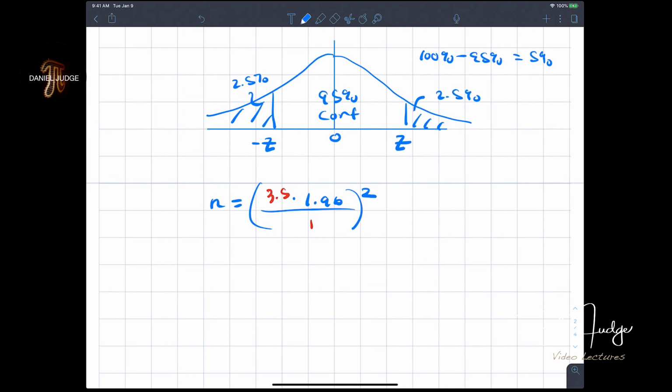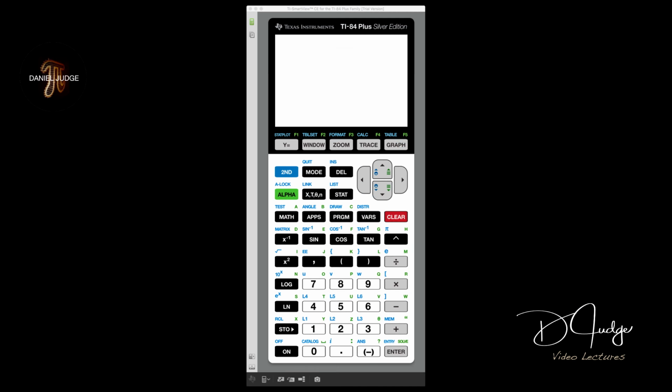Let's try this again. Let's go to the TI. We're going to get 3.5 times 1.96 divided by 1. Close that and raise this to the second power here. Here we go. And there we go.